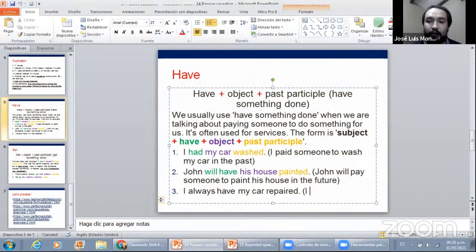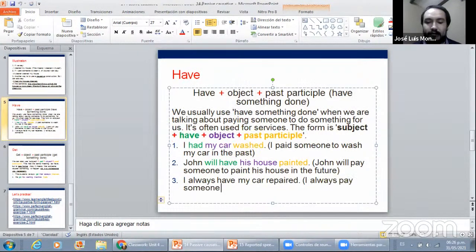That I always pay someone, right, to repair my car, right? And this is routine. With always, it's clear, right? I'm not going to say in the present this time. So this is the idea. Do you understand? Do you have any questions? Let me know if you don't, please.